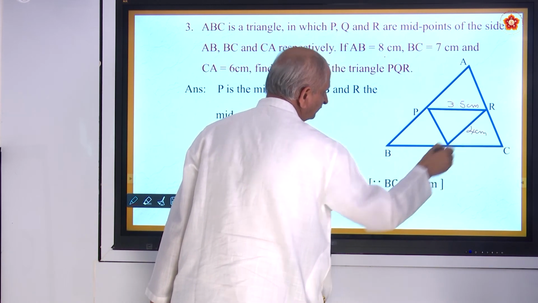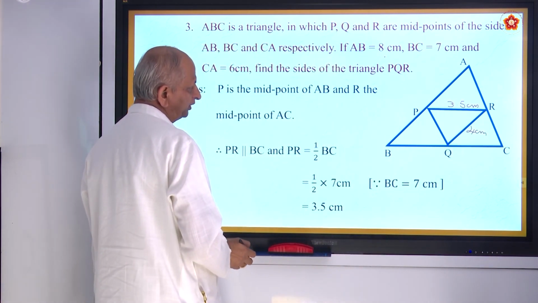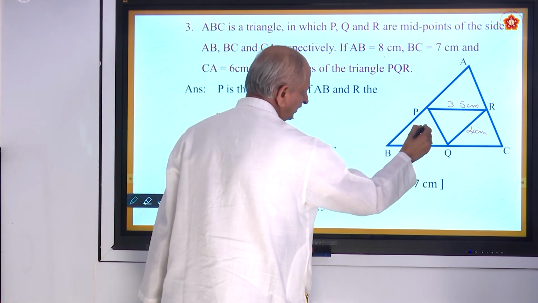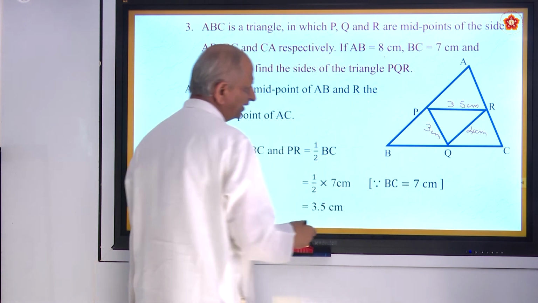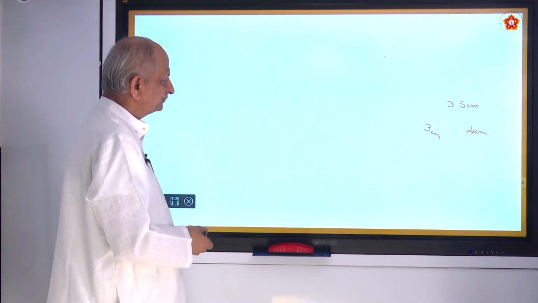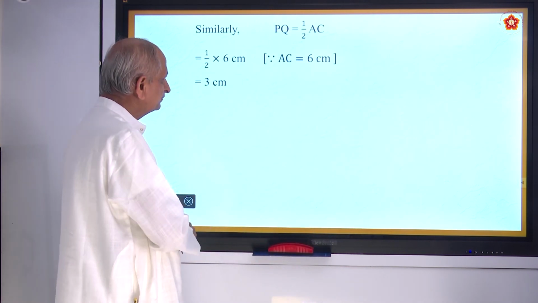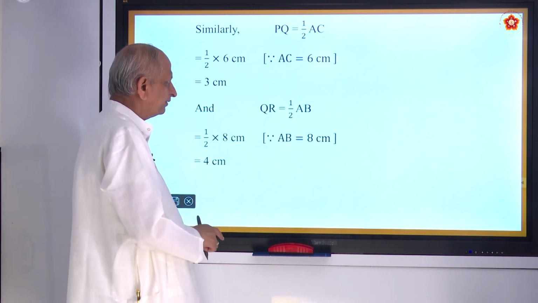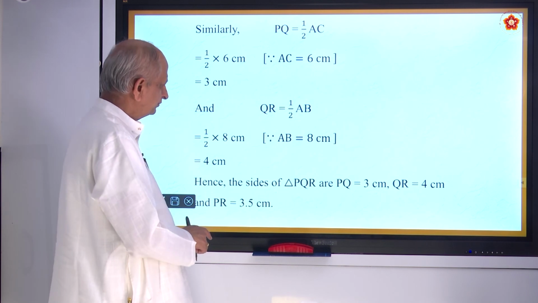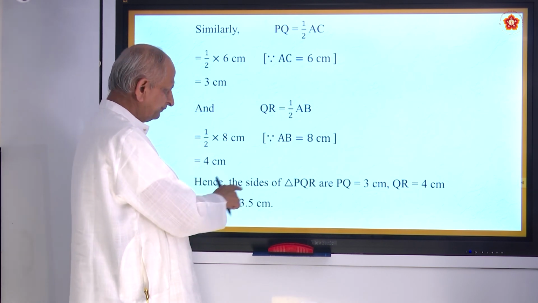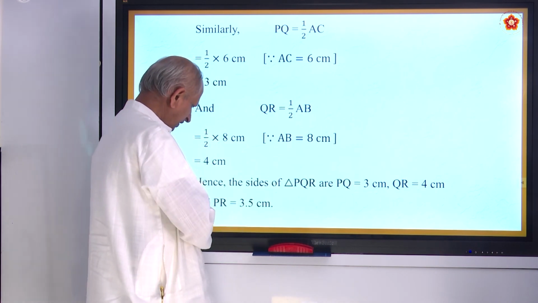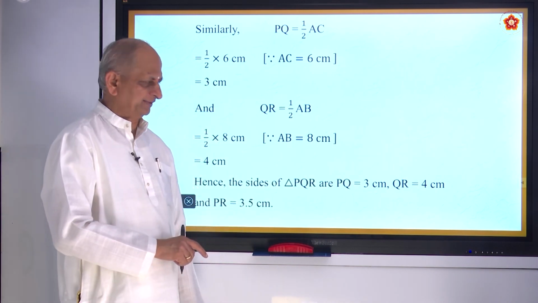Similarly, PQ is half of AC, that is 3. That is what is written next. I think all of you can follow it. So that is 3, that is 4. Alright. The sides are 3 centimeters, 4 centimeters, and PR is 3.5 centimeters.